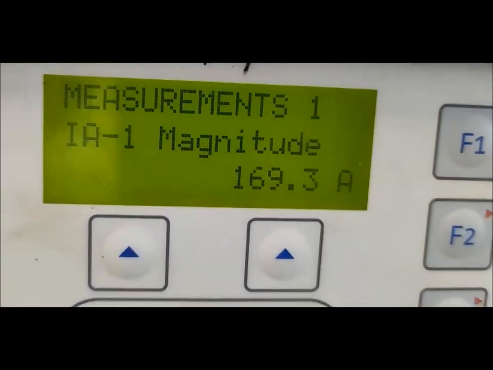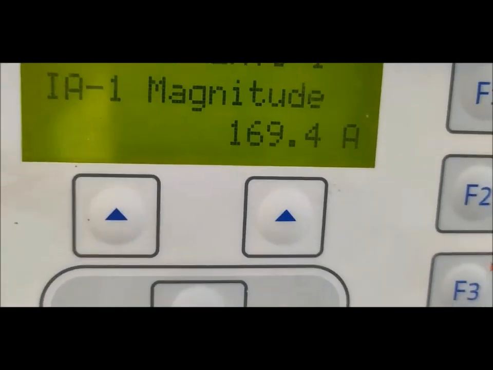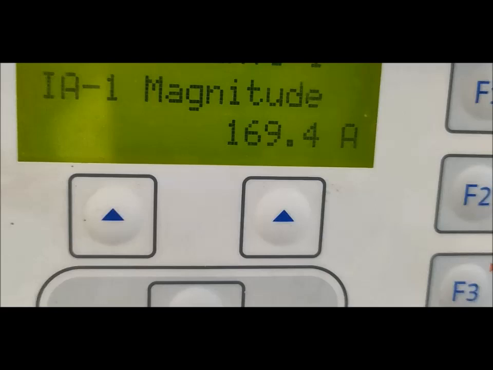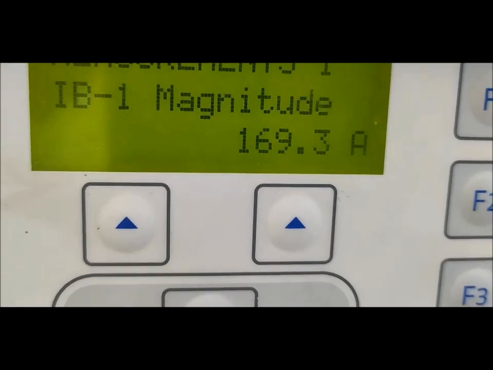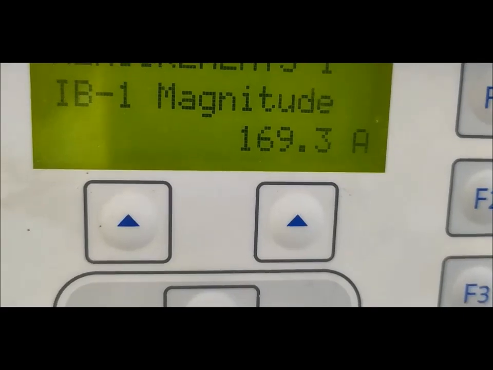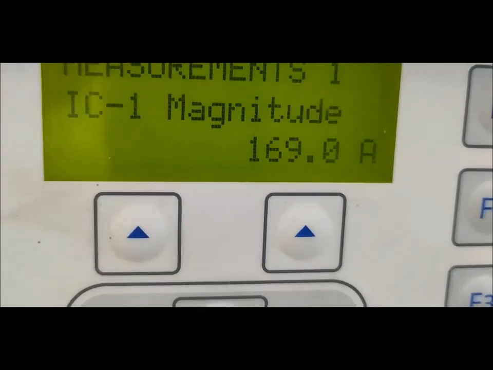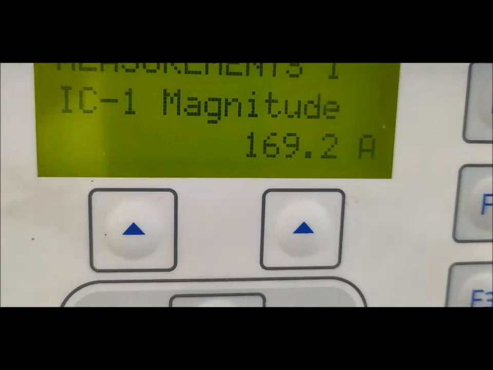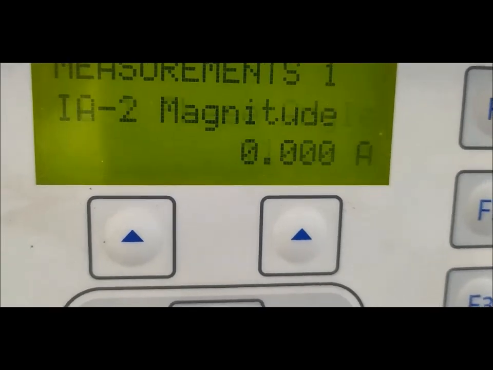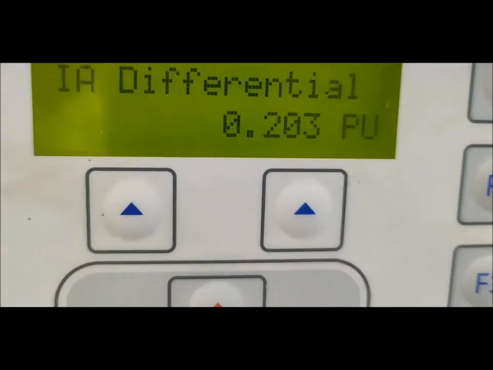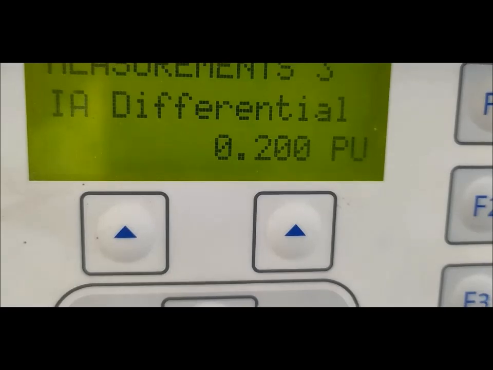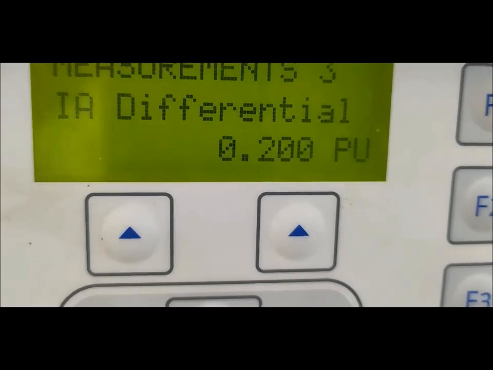In the relay you can see the currents IA1, IA2 and IB1, that is the HV current, and also IA3, IB3 and IC3 in the measurement 1 menu. In measurement 3 you can see the ID, IAD, IBD and ICD differential currents on a per phase basis, and the bias current on a per phase basis, IA bias, IB bias and IC bias.